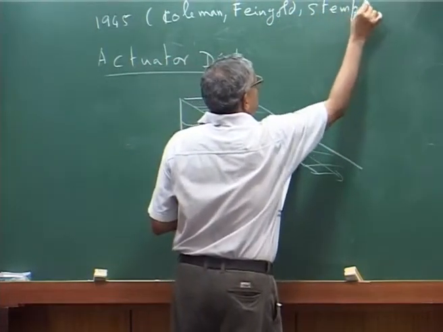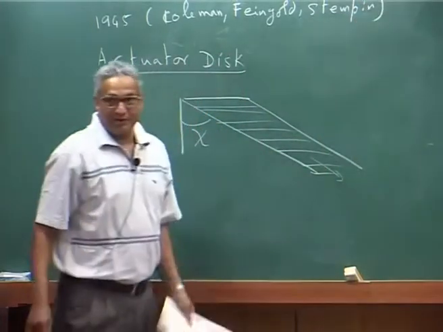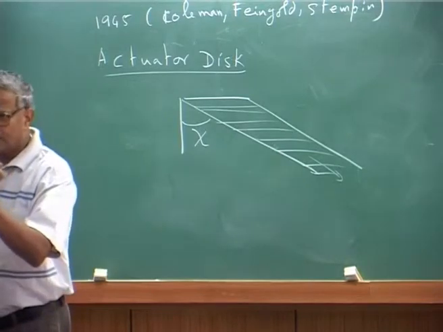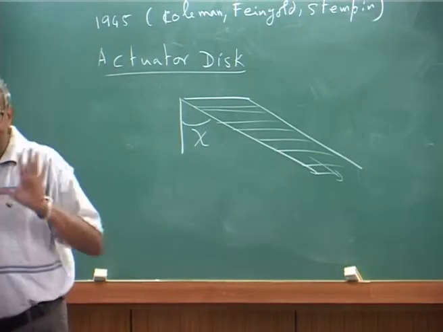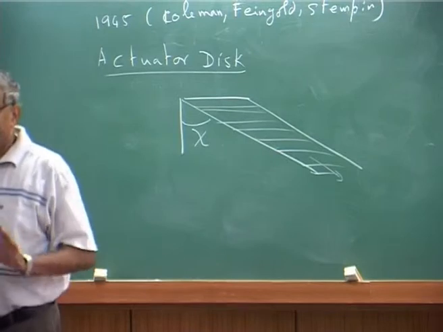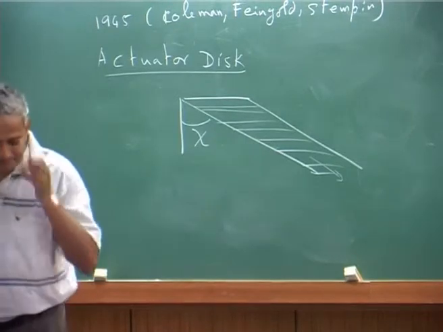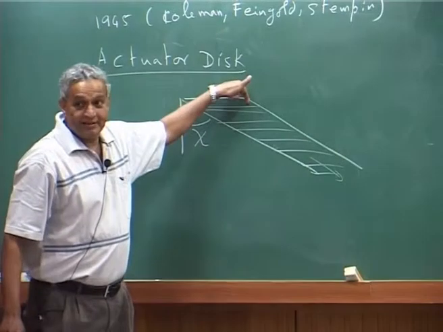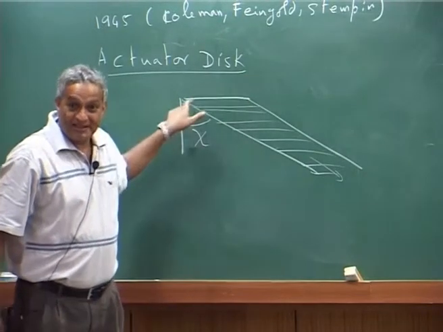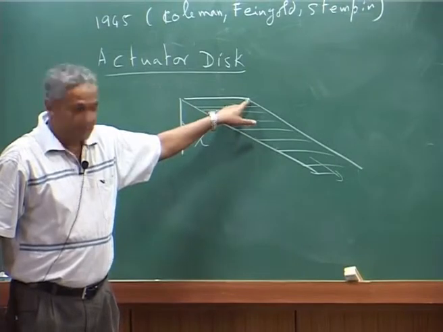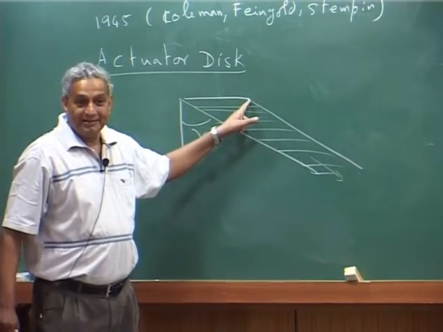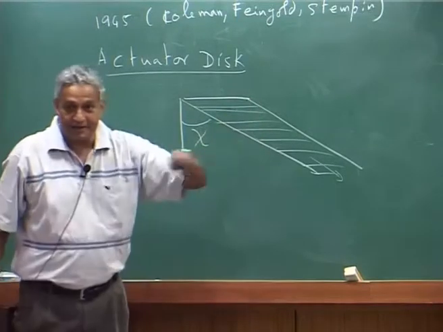Okay. In 1945 they used this and got a closed form expression for the inflow variation along the rotor, only in the fore and aft direction.